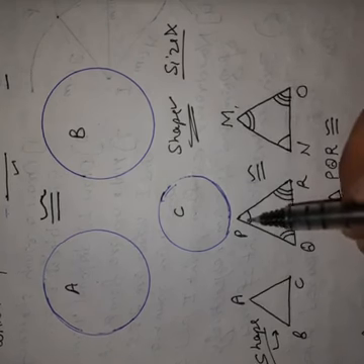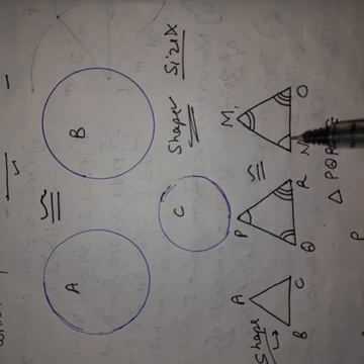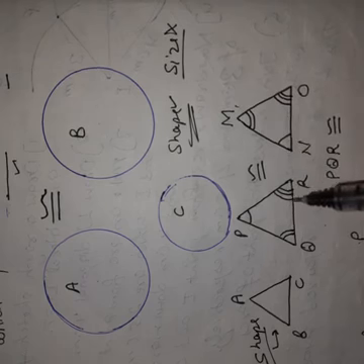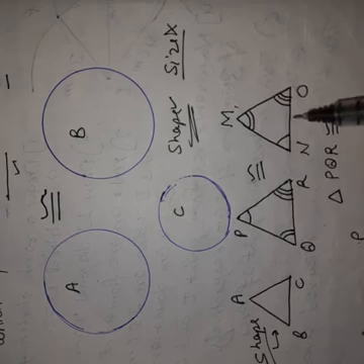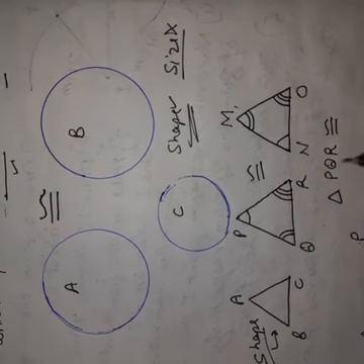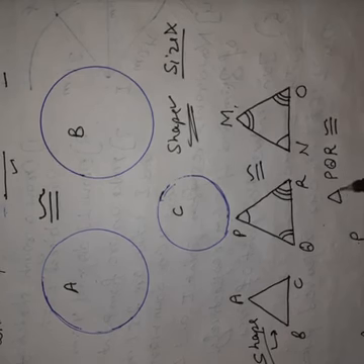For example, let us suppose that angle P is equal to angle N, angle Q is equal to angle M, and angle R is equal to angle O. So, to write congruency of two triangles, first of all we will make this sign of triangle. We read it like triangle PQR.